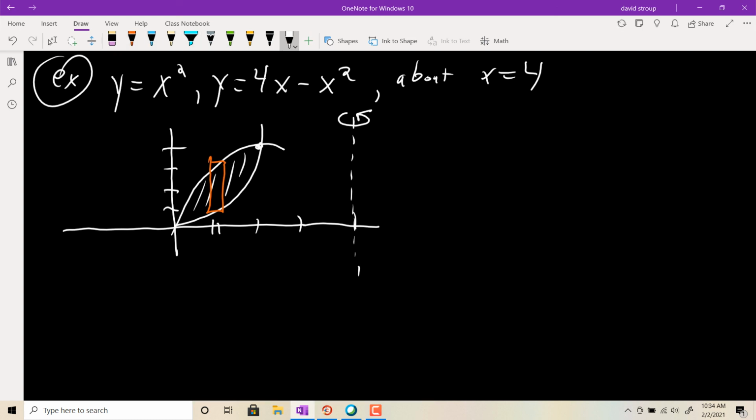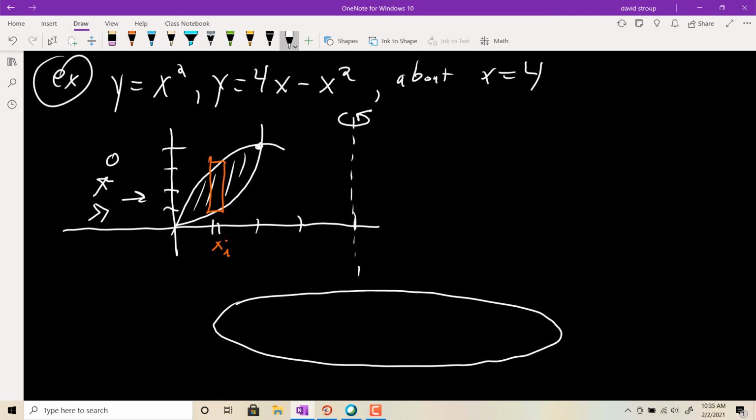The rectangle is located at x sub i in this case, and it's oriented such that the Riemann man is going in this direction and collecting those volumes. What volumes is he collecting? If I were to rotate that red rectangle, it'd be pretty huge. This is one of our shells.